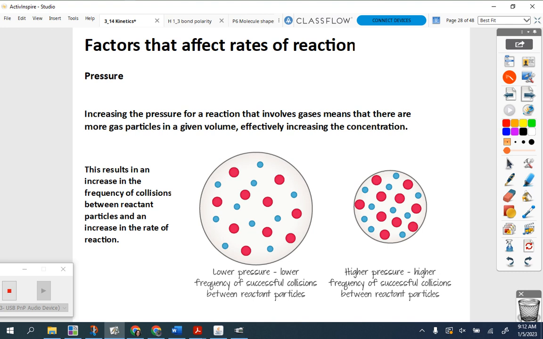But if we have gases, then increasing the pressure is going to do something very similar to increasing the concentration in an aqueous solution. We're going to put more particles closer together. Even if we have the same absolute number of particles, we're shoving them into a smaller space. That's going to increase our frequency of collisions. So that's also going to increase the reaction rate.